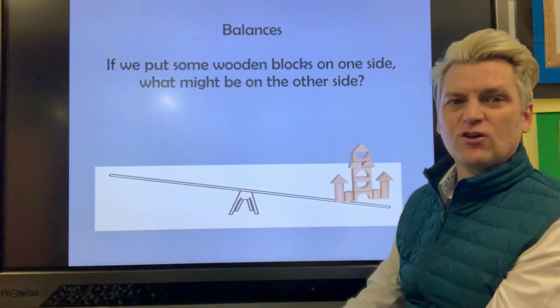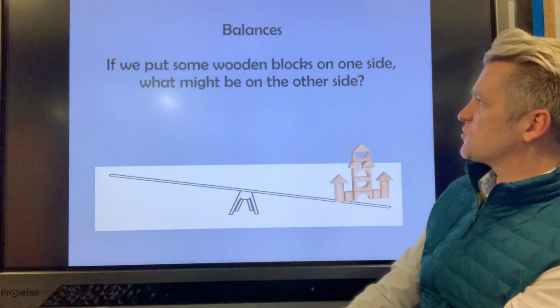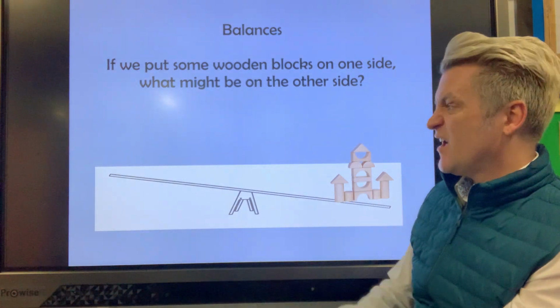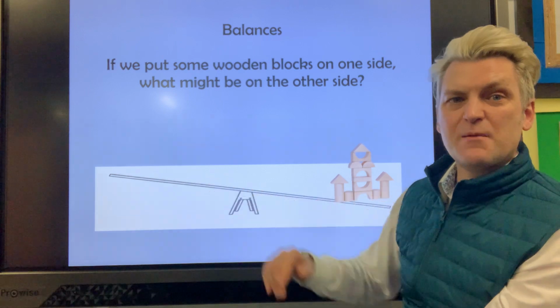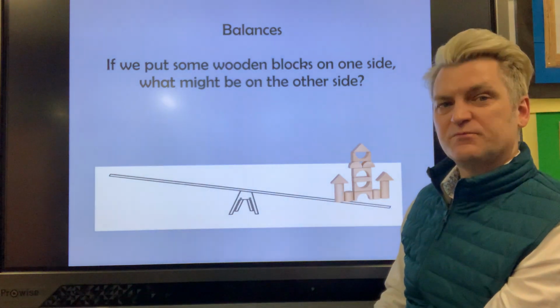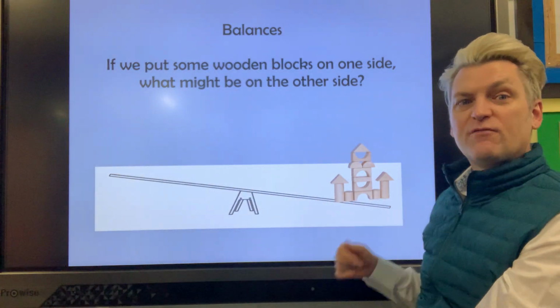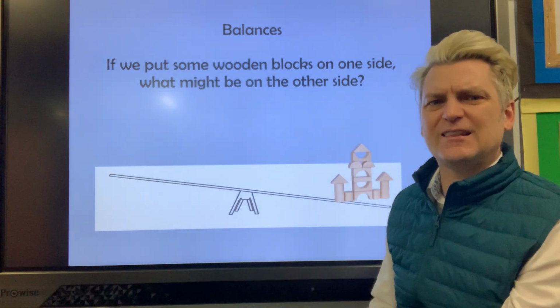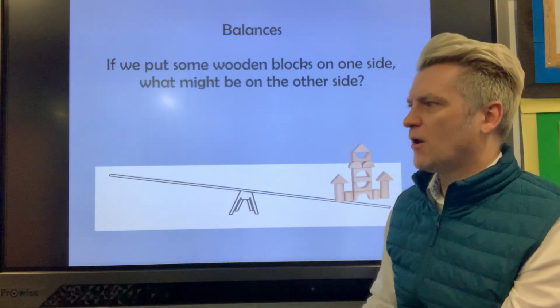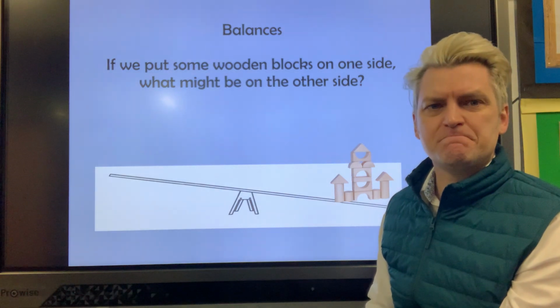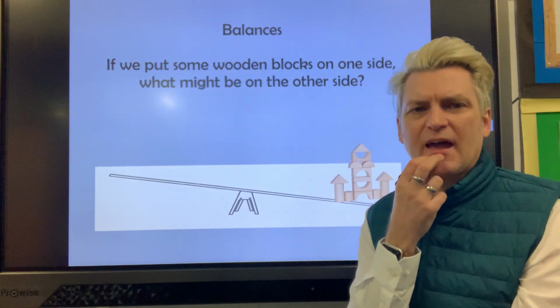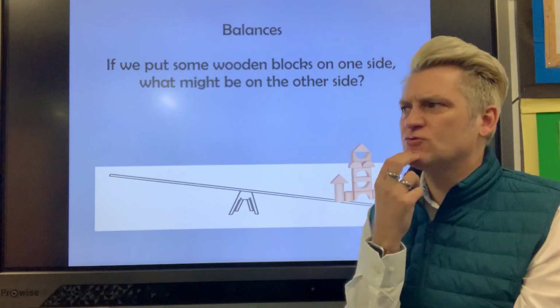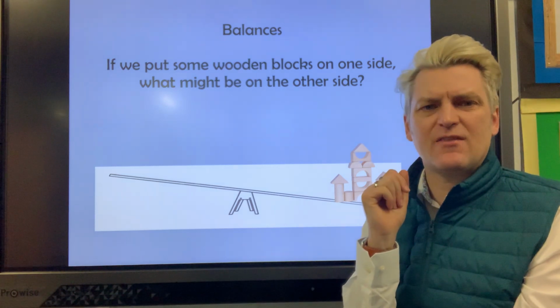Now, have a look at this one here. It says, if we put some wooden blocks on one side, can you think of something that might go on the other side? Remember, if the wooden blocks are heavy, we need to think of something that is lighter than the wooden blocks that go up there. Think about something maybe in your house or in your bedroom, or maybe it might be in the classroom.